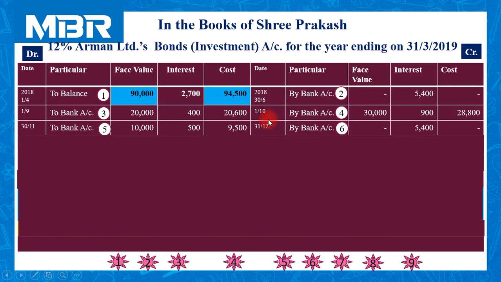December 31st, 2018, by bank account, amount of interest received on investment 5,400. We need not enter face value or cost price in case of a transaction related to interest received. So enter the value of interest received on the securities. Now move to transaction number 7.